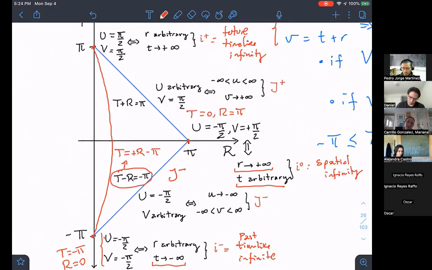Okay, and we can see that all this point corresponds to capital U equals to minus pi halves and V arbitrary. And this means that u goes to minus infinity and little v can be an arbitrary value. So this is what we call past null infinity.